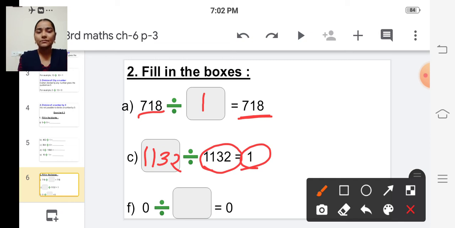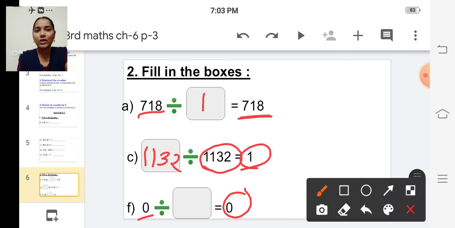Okay. The third one, division. 0 divided by dash is equal to 0. So when will we get the quotient as 0? If we divide 0 by any number, then we get the quotient as 0, isn't it?